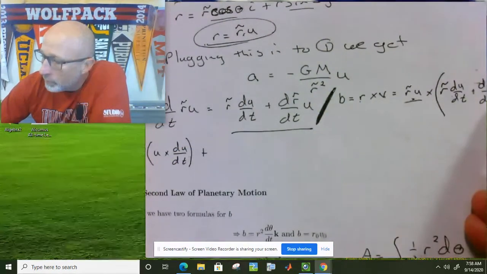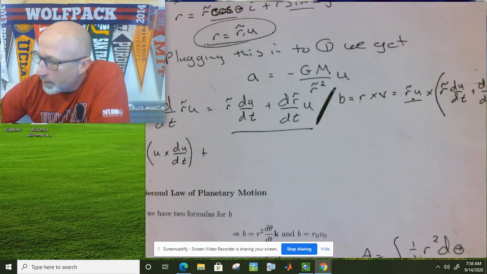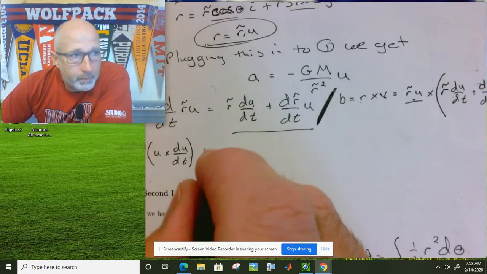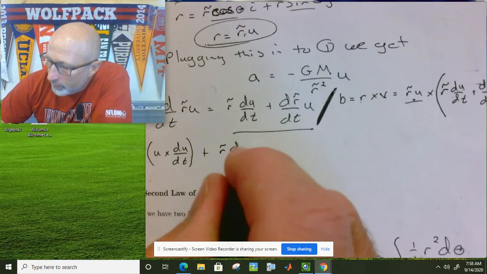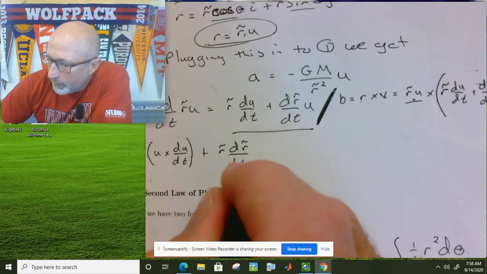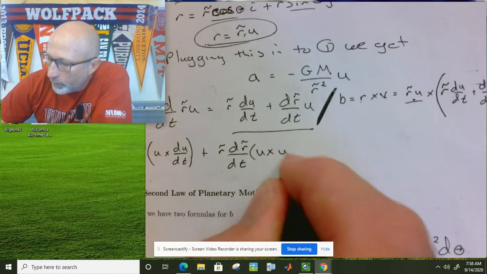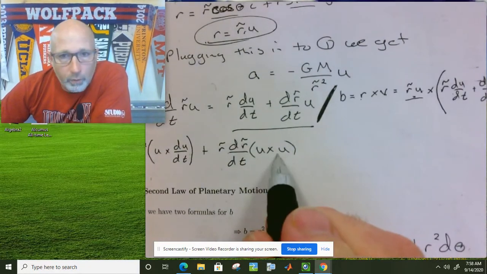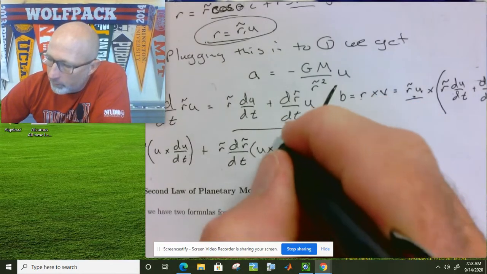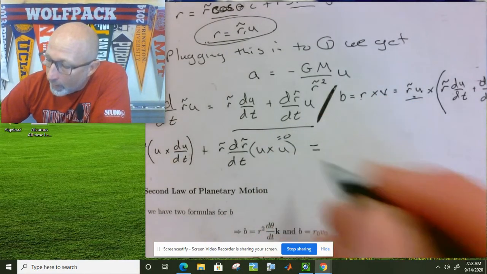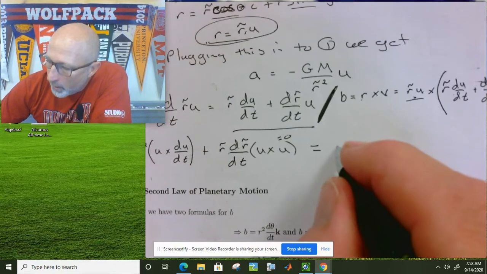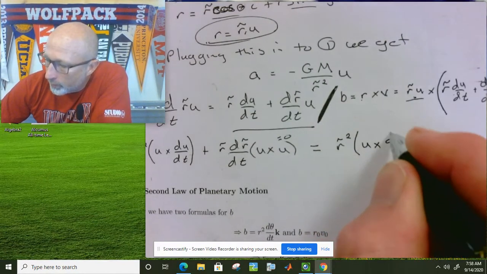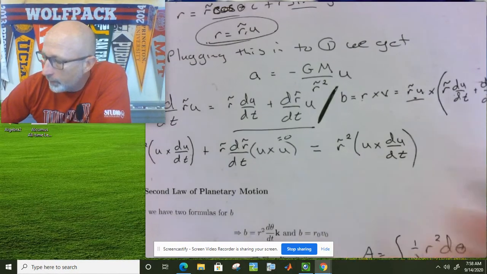So I have a u and a u, and the constants dr tilde dt and r tilde. So I have r tilde dr tilde dt and then u crossed with u. But u crossed with u, hopefully you remember, is equal to 0. So this turns out to be equal to r tilde squared u crossed with du dt.